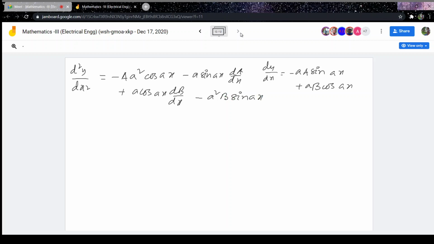Now putting this value of dy dx, d2y dx2 and y in the given equation, since our y equal to au plus bv is a solution. Our given equation was d2y dx square plus a square y is equal to sec x. So I am putting this here.